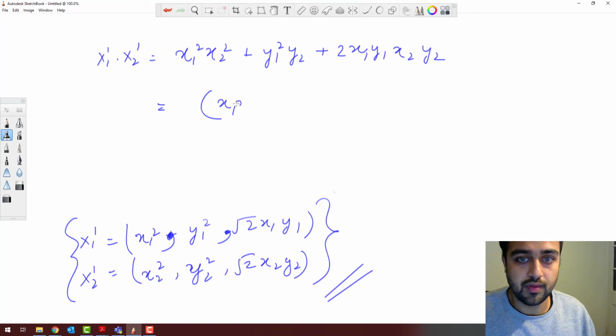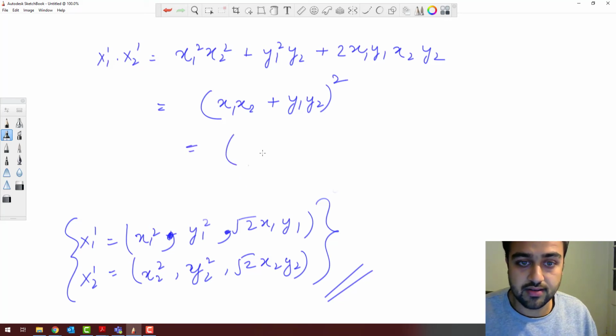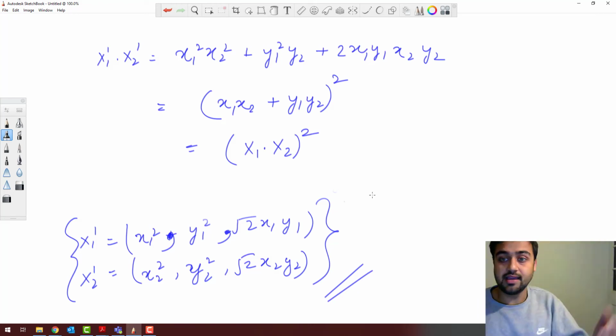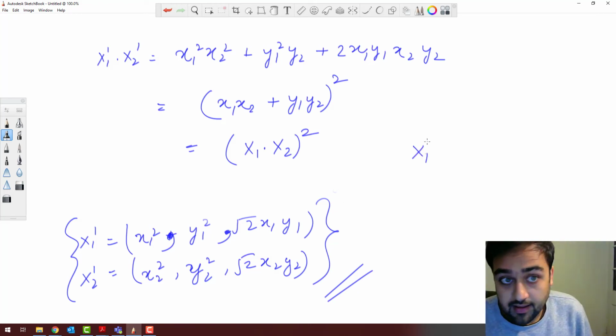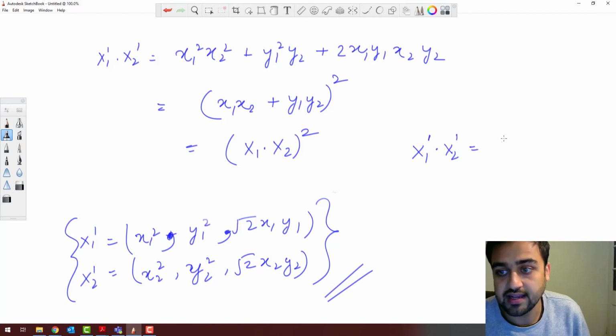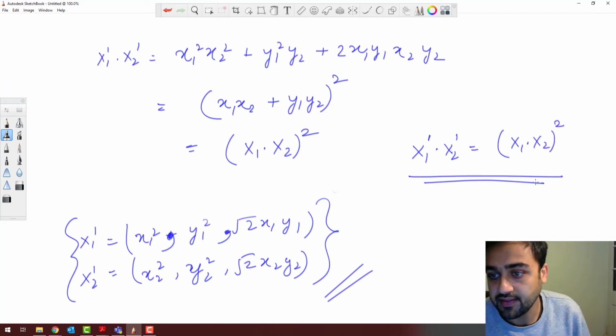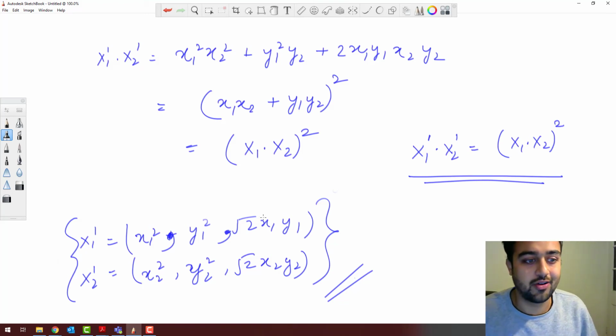Which is similar to (x1 x2 plus y1 y2) whole square, which is again similar to (x1 dot x2) square, right? You see, as the new feature vectors x1 dash and x2 dash are a dot product of the old feature vectors projected to a new space, therefore this is a valid nonlinear kernel, right?